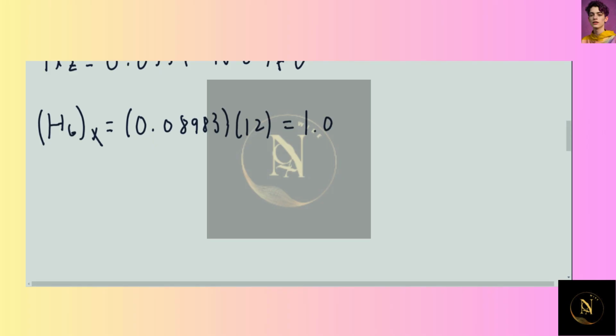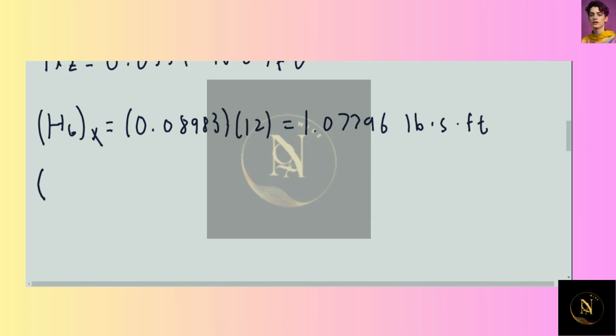So h of g in the x direction is going to be equal to 0.08983 times 12, and that's going to be 1.07796 pound-second feet.